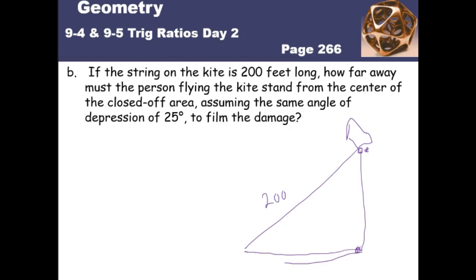So in that particular case, we're looking for that angle right there. And again, we still have the same angle of depression, which was 25. So this is still 25. So this is the opposite. We're looking for this distance right here, x.